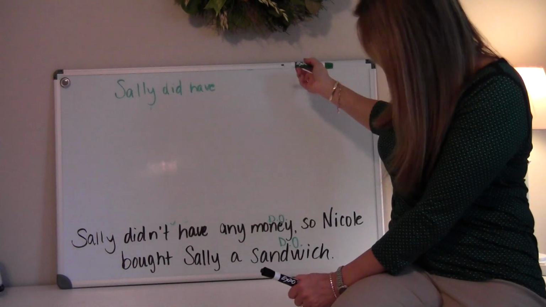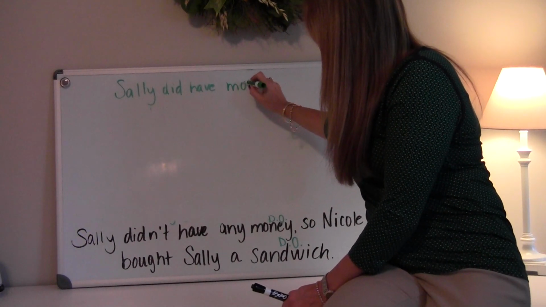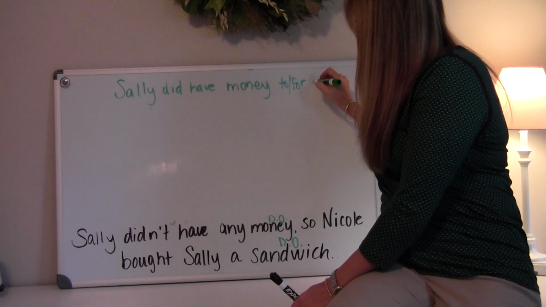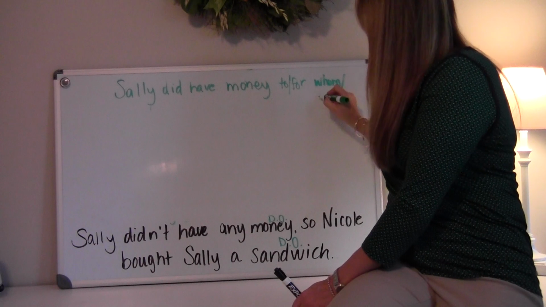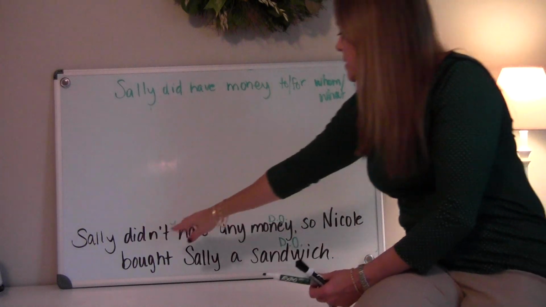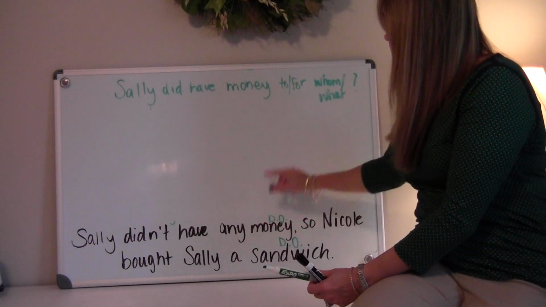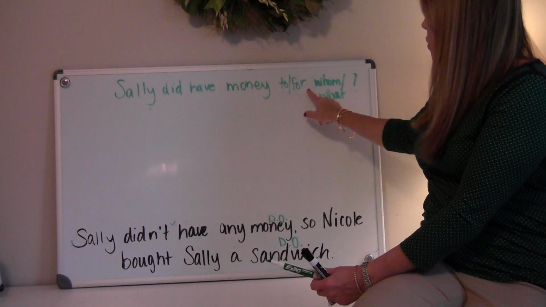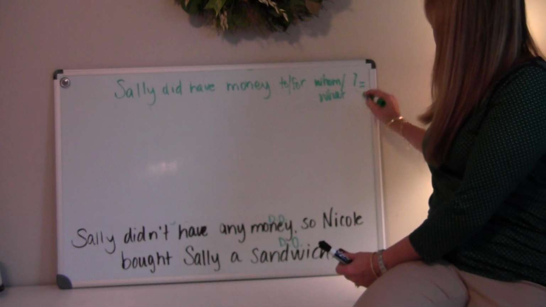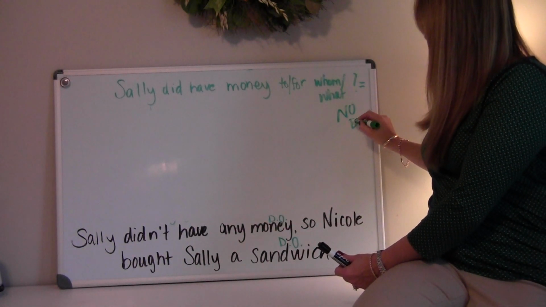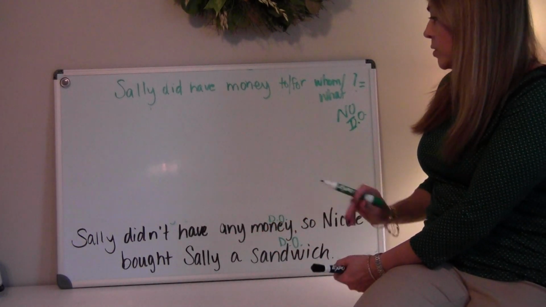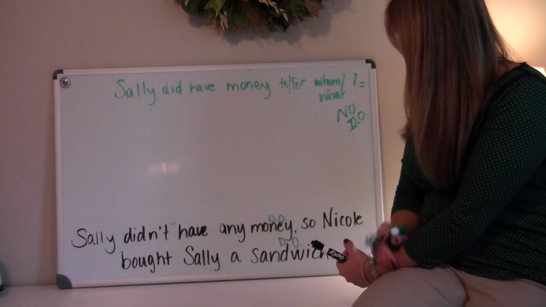Sally did have money, to or for whom or what? Is there a response to that question? Sally didn't have any money. Sally did have money. For whom? For what? Any can't be the response. So there is no indirect object for this first part of our sentence, for the first independent clause.